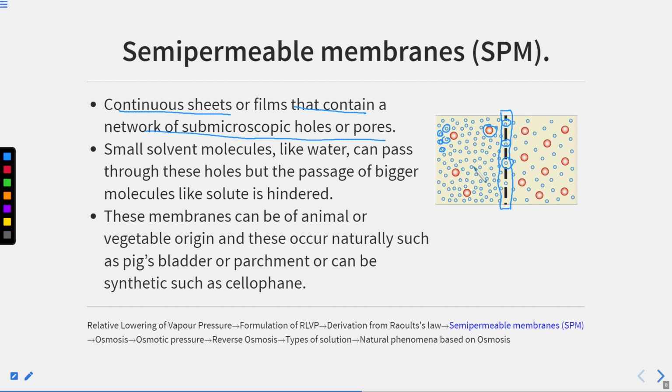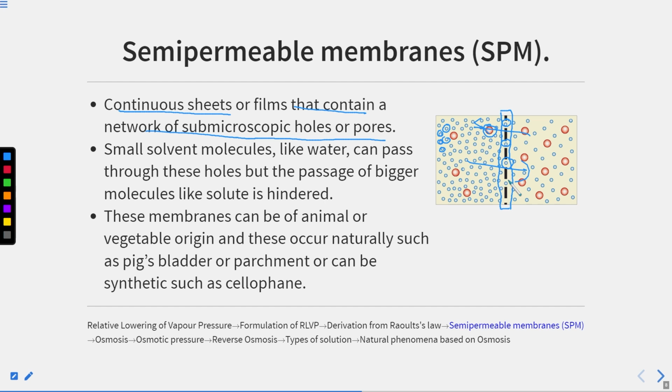Now what do we do? We put this membrane here. Now this membrane will selectively allow only solvent particles to move here or there. I'm not talking about direction right now, whether it will move from here to there or there to here. I'm just saying that this semi-permeable membrane will only allow the passage of the small solvent particles through it.